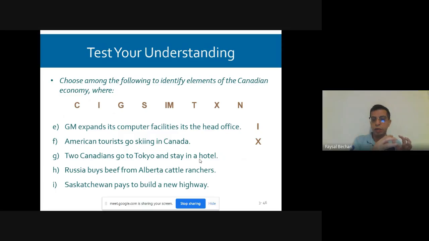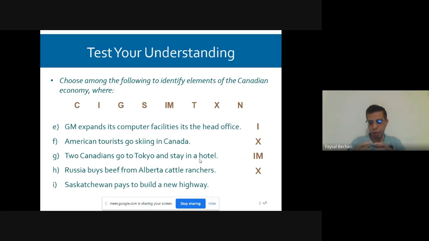When two Canadians go to Tokyo, for example, and stay in a hotel, that is an import, because the money goes out of the country and Canadians are consuming there. When Russia buys beef from the cattle ranchers in Alberta, this is very straightforward: a Canadian farm is selling to outside, to Russia.